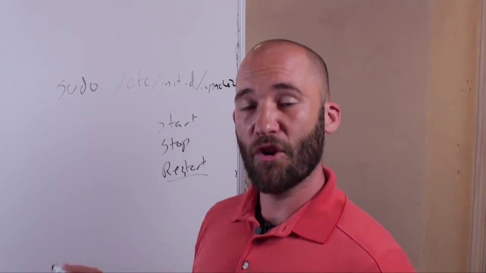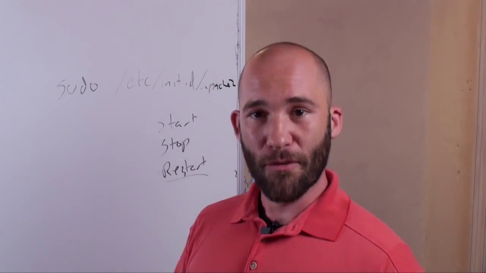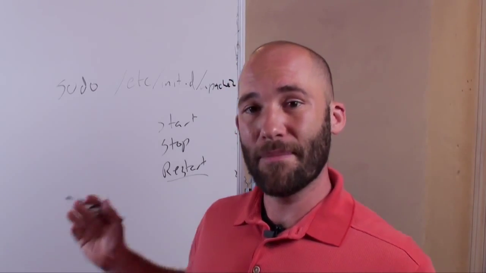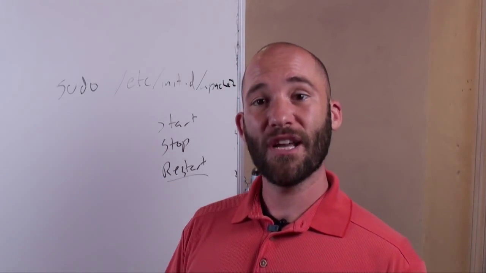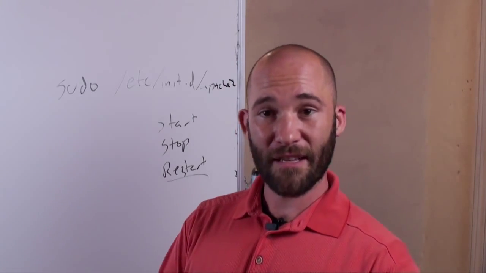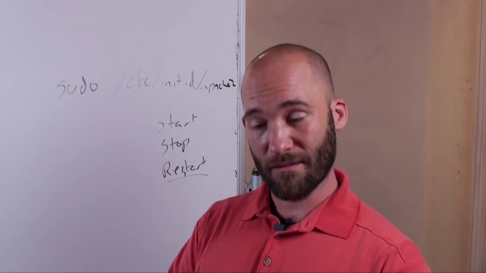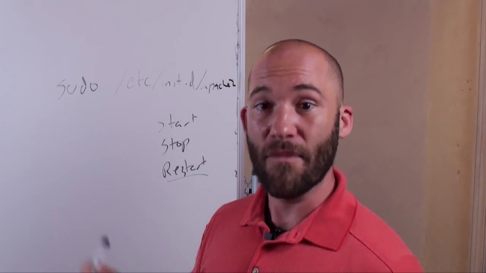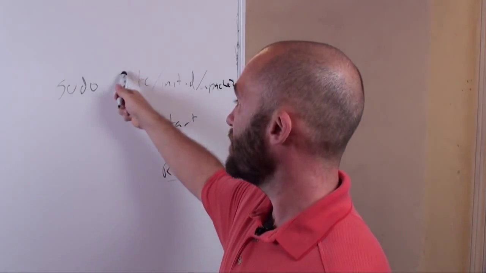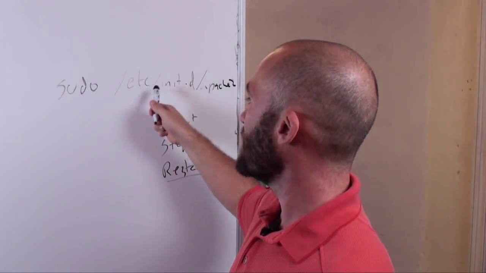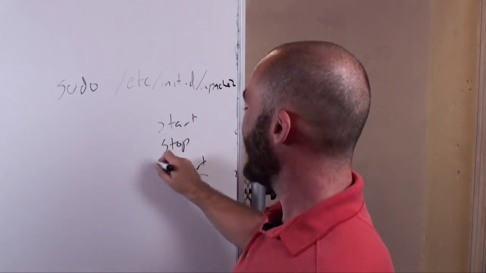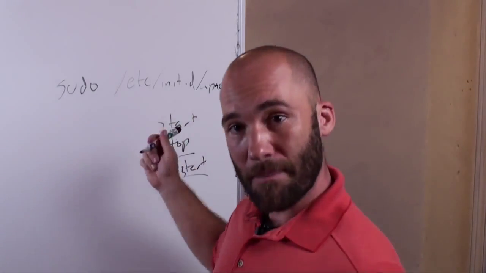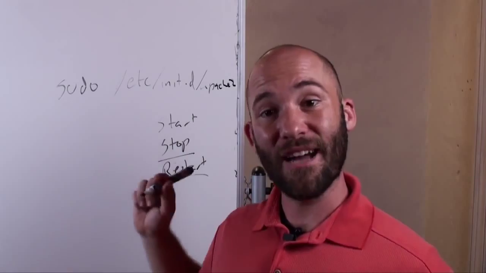Now let's say you're playing with the web server, you're making some changes, and you don't want any people from the outside world coming in while you do the changes. So you want to stop the service entirely, which makes the web server go offline. All you would do is sudo space /etc/init.d/apache2 stop. That stops the web service, but it doesn't stop anything else.